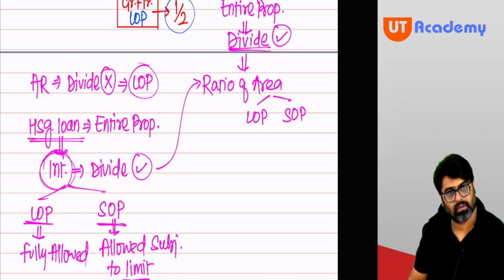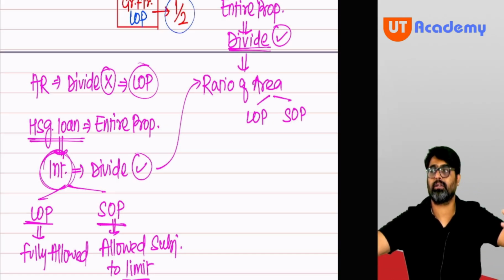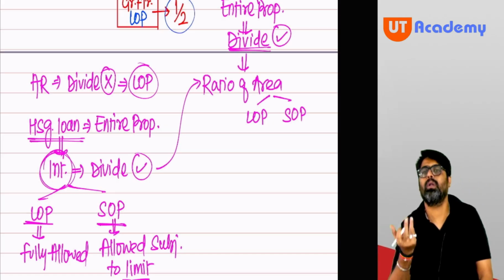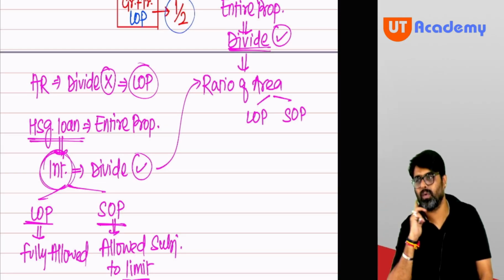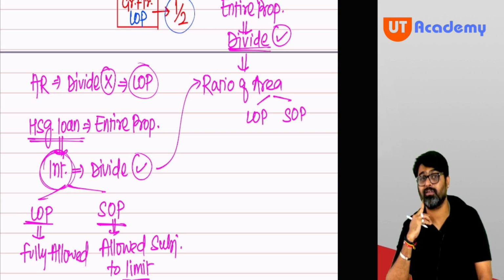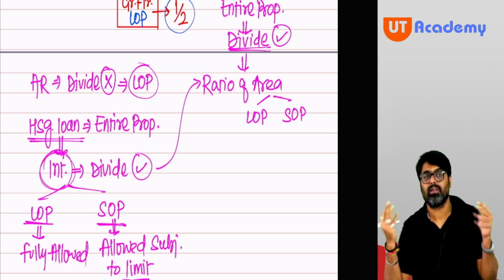Did you understand? So in the question, if you identify any property that was partly let out, partly self-occupied based on area, how will you identify it? They will say that the property has 2 identical units, meaning both units have the same area. 1 unit is let out, another unit is self-occupied.